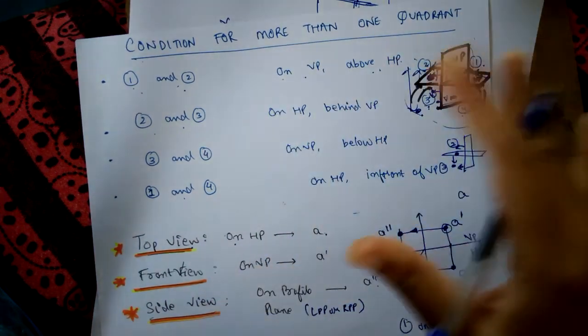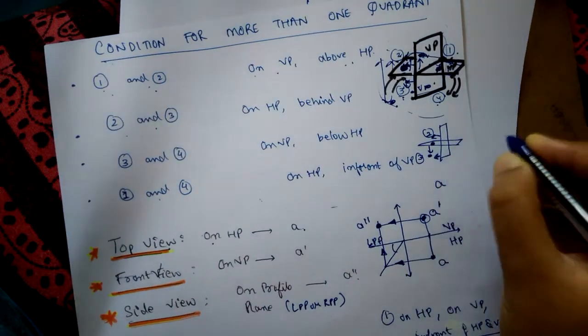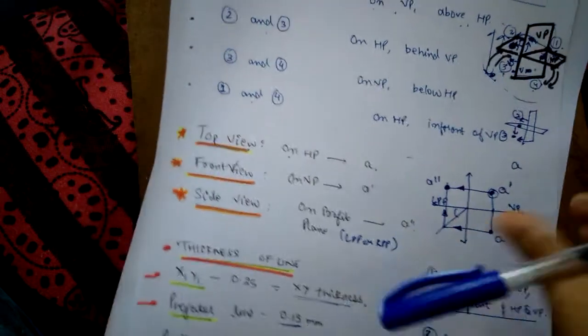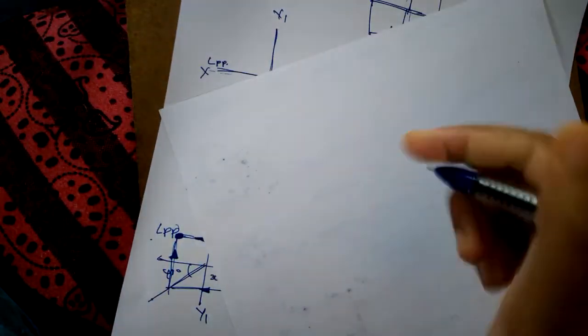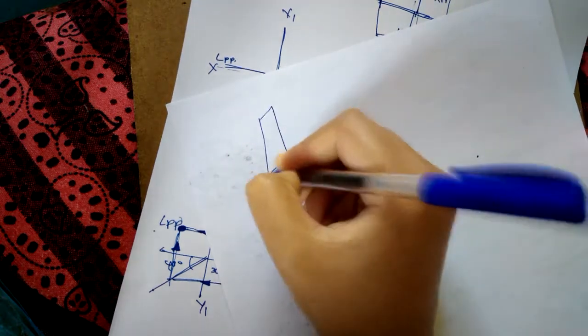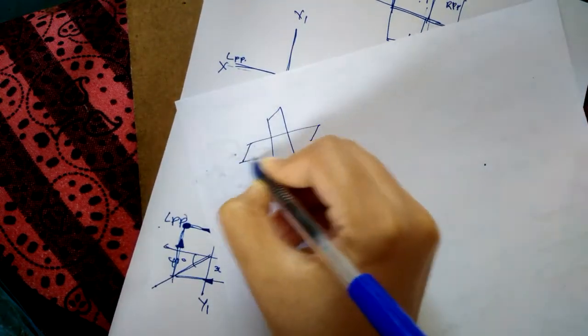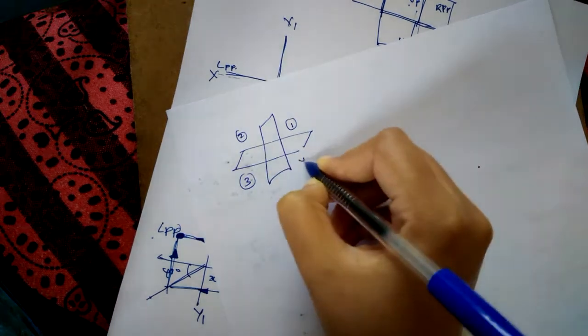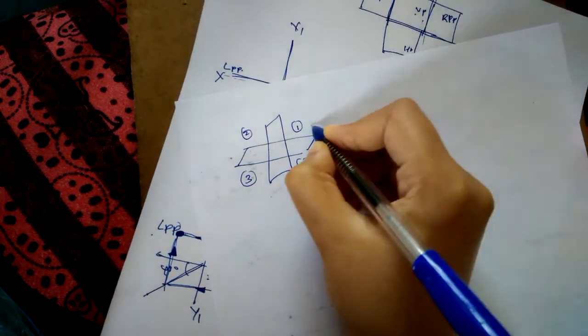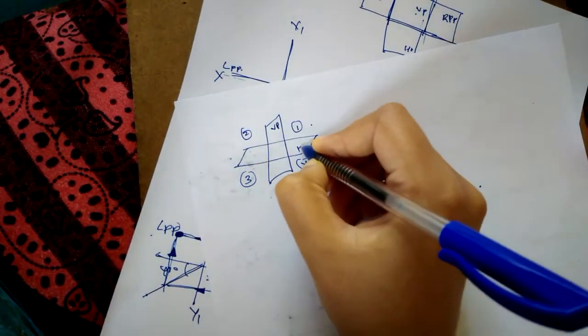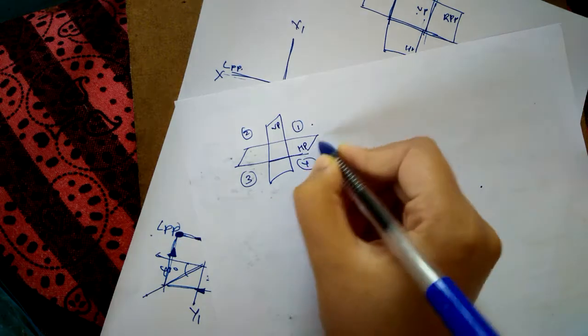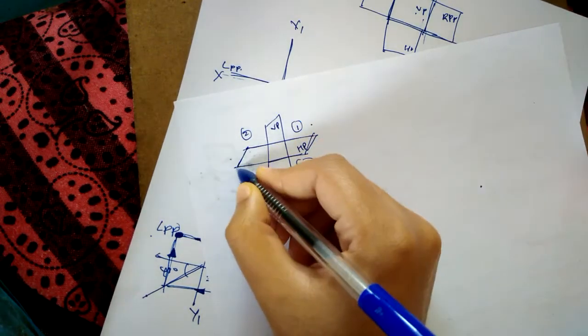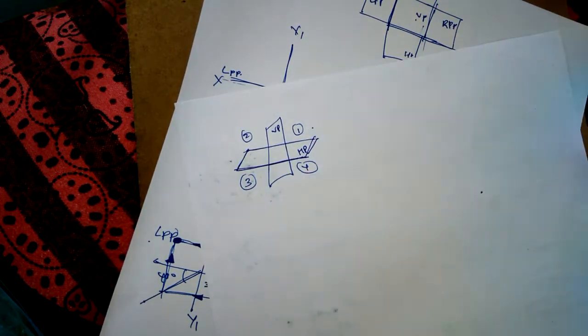So if you summarize the things, you have four quadrants. It was like two intersecting planes: first quadrant, second quadrant, third quadrant, and fourth quadrant. In the first quadrant, this will be the vertical plane because it's vertical, and this is the horizontal plane because it's the floor of the room, which is always horizontal.